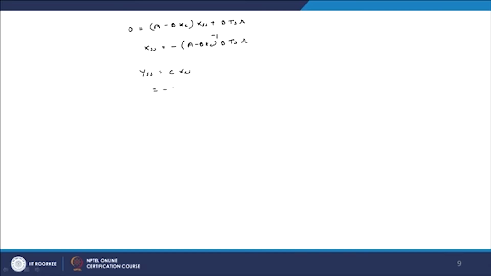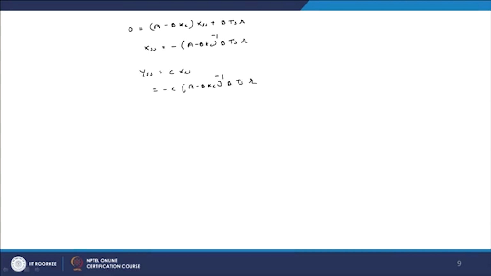So we can write down minus C A minus B Kc inverse B into Ts into R. Now here is the steady state output. In the steady state output we have C A minus B Kc inverse B into Ts into R. If there is no Ts, that term will not be in this equation. Now we have got yss.